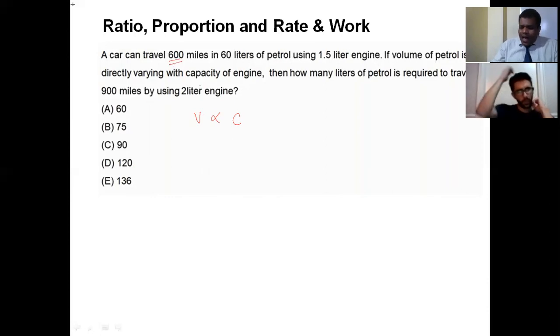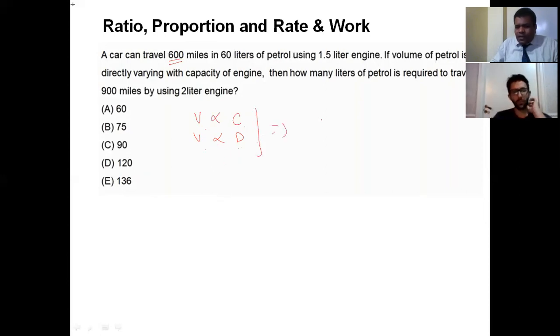Although the relation is not given, everyone knows that if you want to travel a longer distance, you need more petrol. So V is directly proportional to C, and V is directly proportional to D.